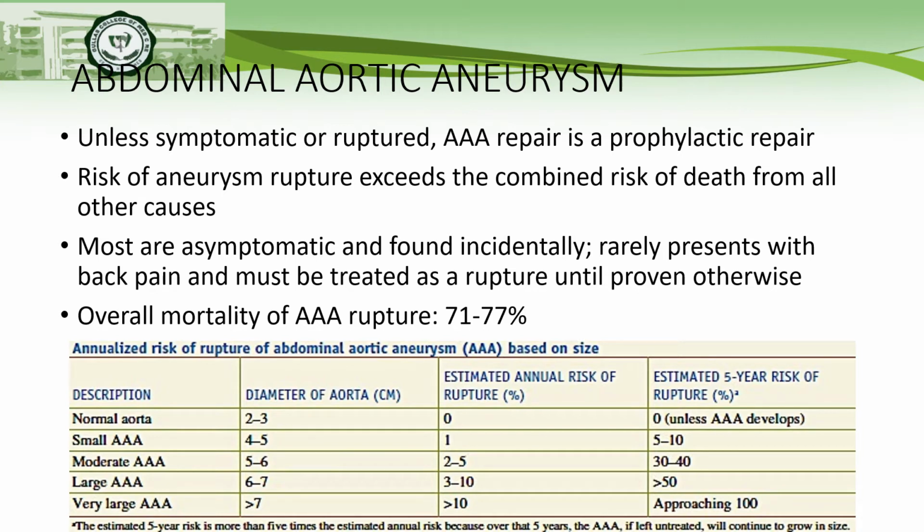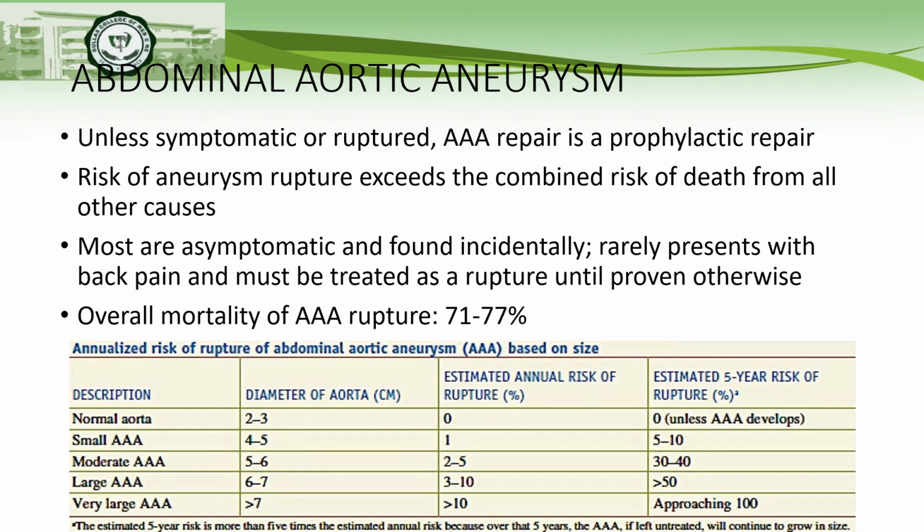If the patient is hemodynamically stable and the aneurysm is intact on CT scan, the patient is admitted for BP control with IV antihypertensive agents and undergoes repair usually within 12 to 24 hours, or at least during the same hospitalization.